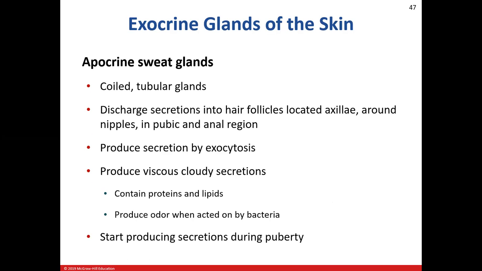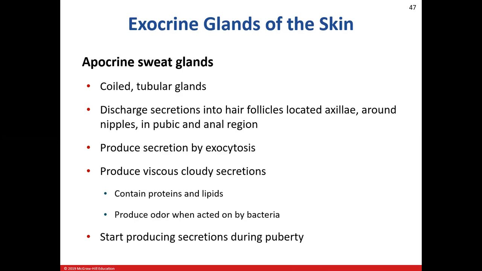Our apocrine sweat glands are also coiled tubular glands. However, their secretions go into the hair follicles that are located in the axillae, around the nipples, and in the pubic and the anal regions. Again, their secretions are given off by exocytosis, and they give us a viscous or cloudy type secretion.